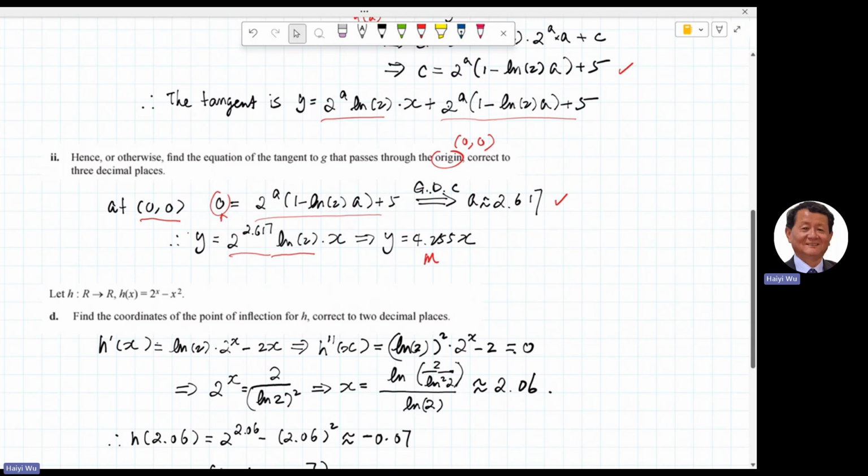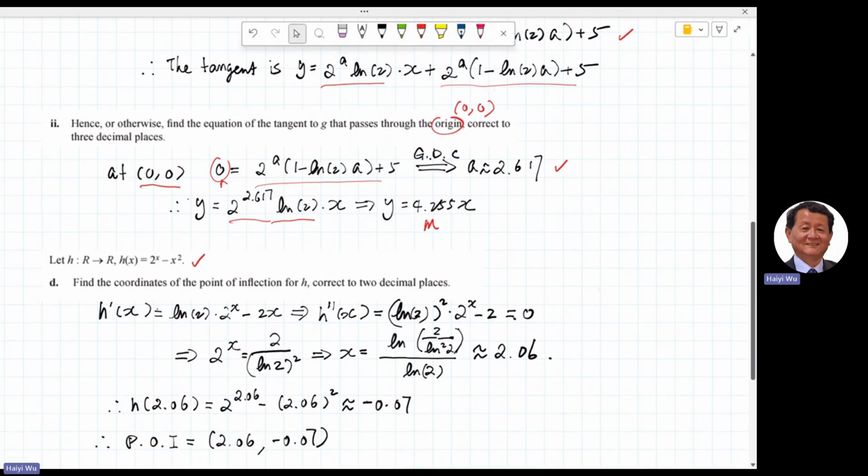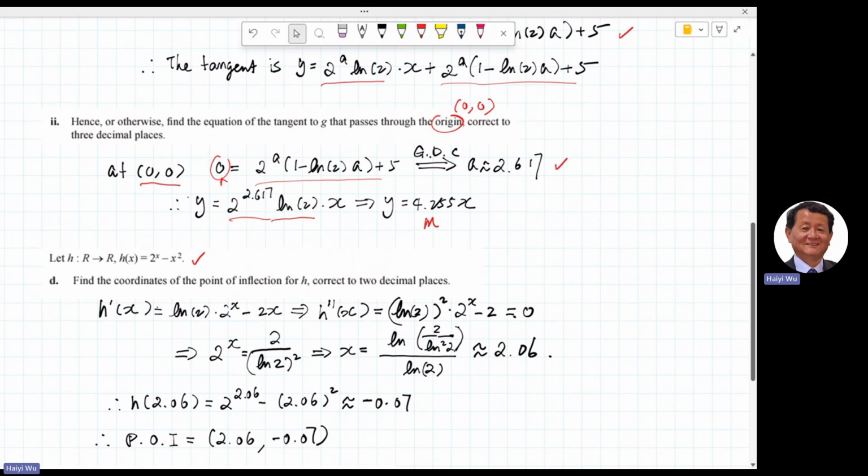Then question D. I have a new function h(x), which is 2 to the power of x minus x squared. We want to find the point of inflection. The point of inflection is where the second derivative equals 0. So we find the first derivative, then the second derivative, and set it equal to 0.